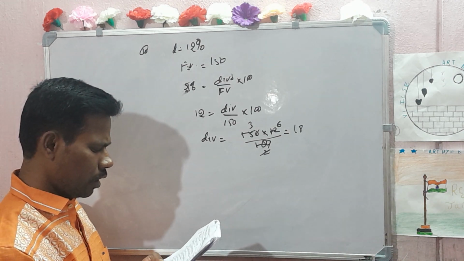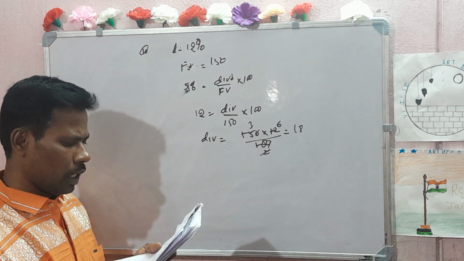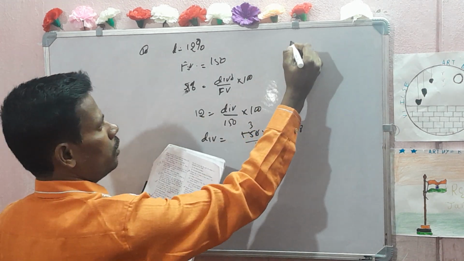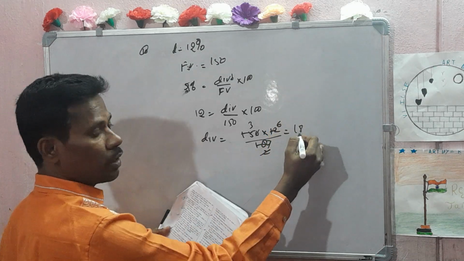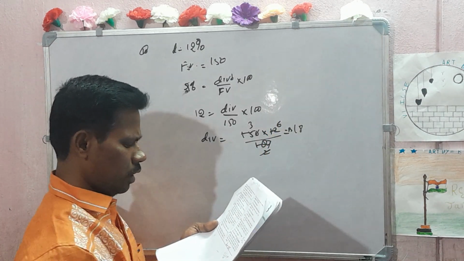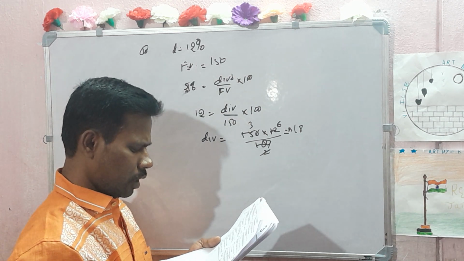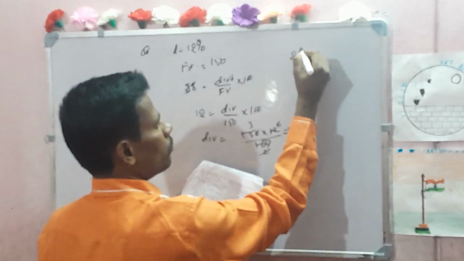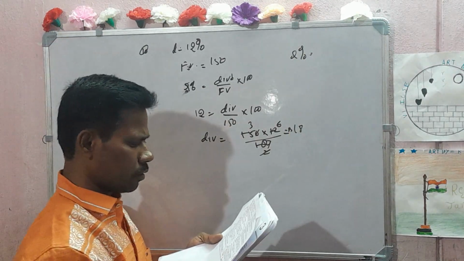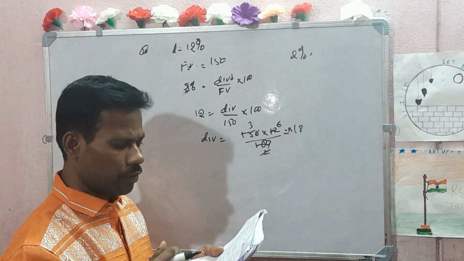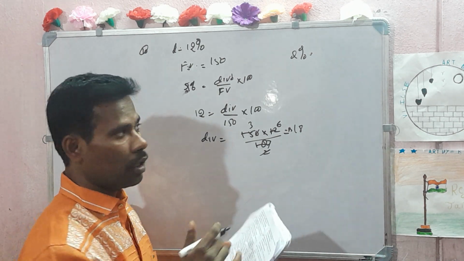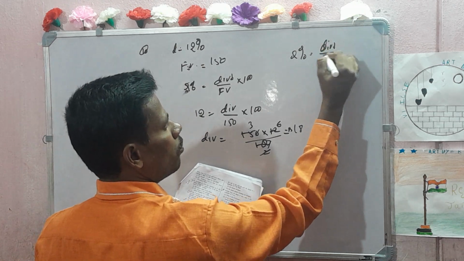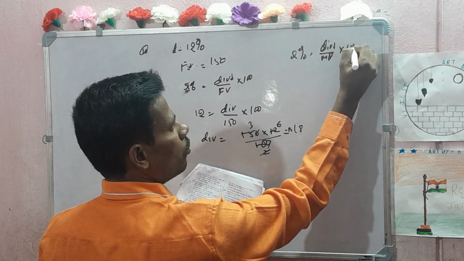Now again, if the rate of return is 10%, it is asking the market value of the shares. We have calculated dividend as rupees 18 per share. If the rate of return is 10%, that means for the shareholder, we have to apply rate percentage is equal to dividend by market value into 100.